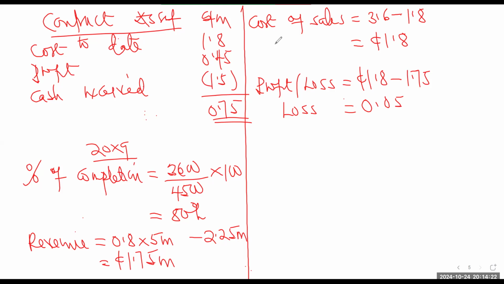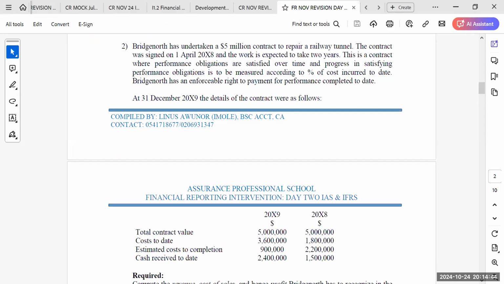We calculate the contract asset on total basis. So let's come here. We have the contract asset over here. So we calculate our contract assets up to date. Let's see if they are asking us to do it year by year and see what we can do.